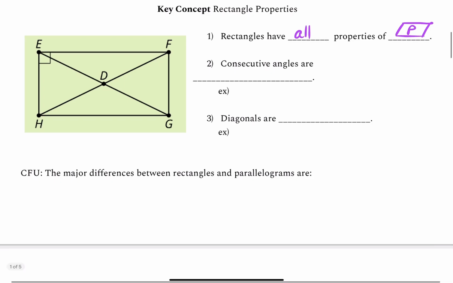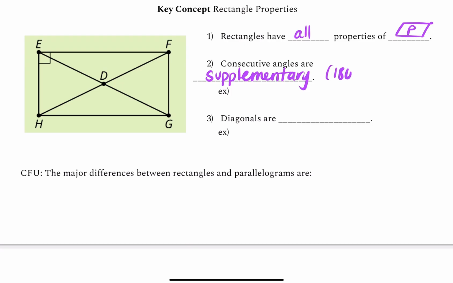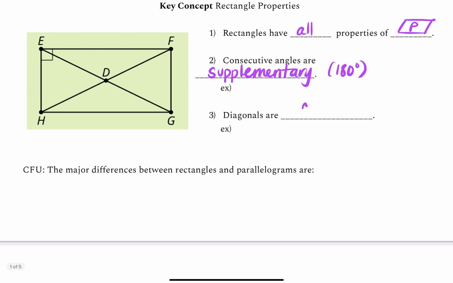Consecutive angles are supplementary. And the diagonals are congruent. So EG is congruent to FH.